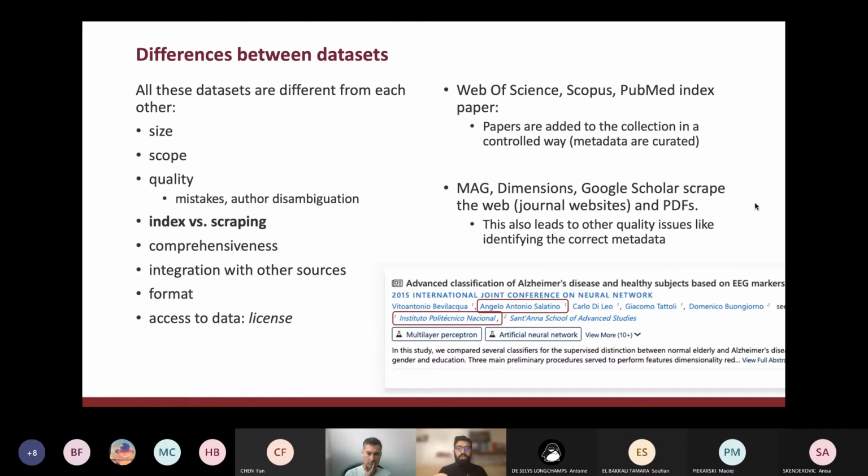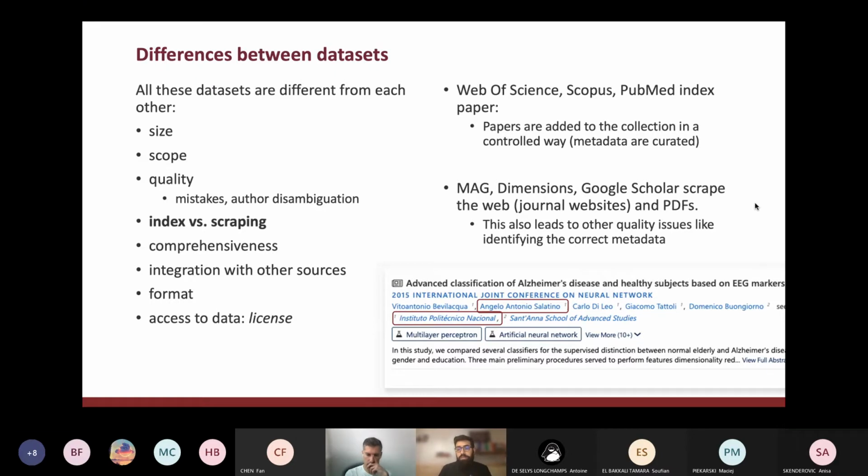So what happens is that, okay, there is a new issue of a journal, and there is a way in which people, or machines, add this paper in a controlled, curated manner, so that the metadata that we push within those datasets are cleaned. On the other hand, MAG, Dimensions, Google Scholar scrape the web, so they scrape journal websites and PDFs. And as I mentioned to you before, there can be issues when you scrape PDFs or journal websites.